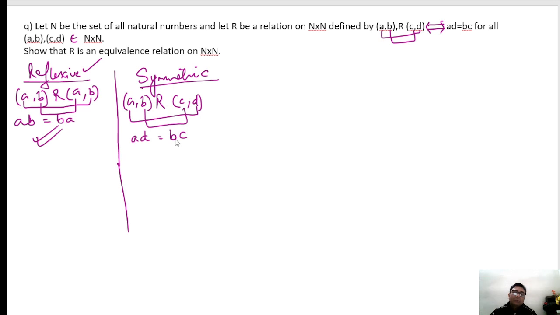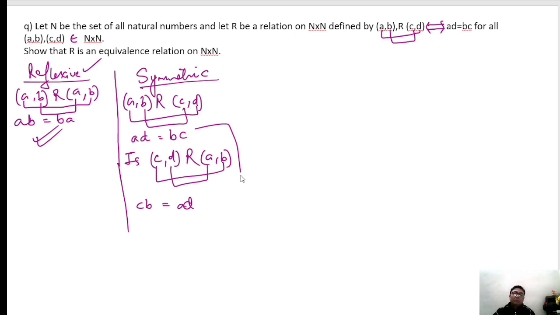So we have to check, is (C, D) related to (A, B) correct? So let's check. I have to multiply these two and these two. Is it correct? CB, is it equal to AD? Yes, AD is equal to BC. So definitely these two are also equal. So symmetric is also valid. Correct.